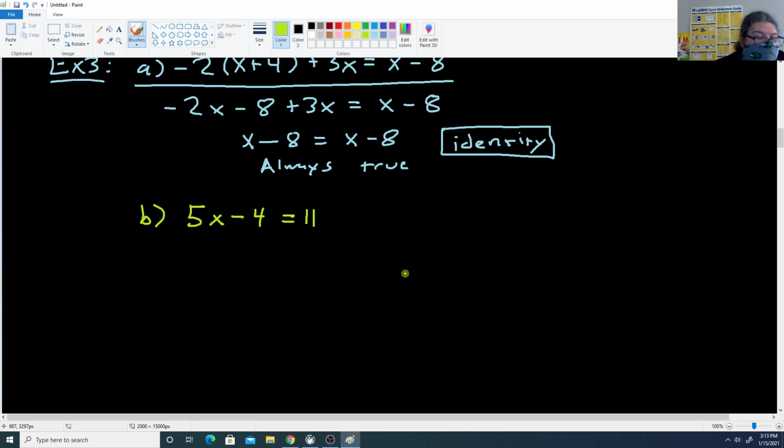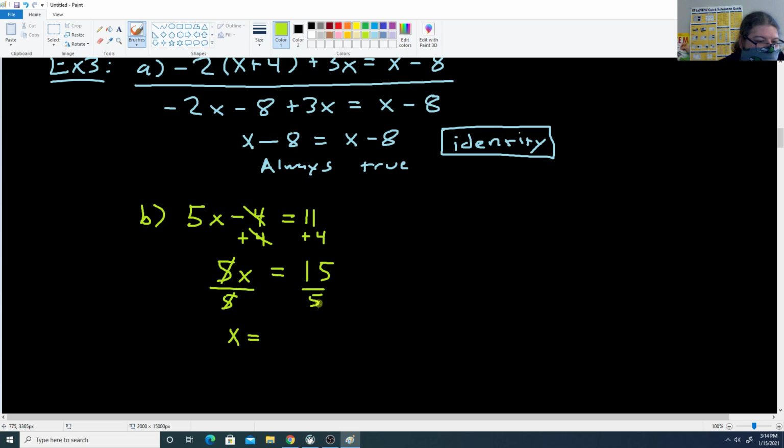We're going to try to solve this and see, is it always true, sometimes true, or never true? Depending on that, it will either be an identity, a conditional equation, or a contradiction. I'll add 4 to both sides to start getting the x by itself. The 4's cancel. 11 plus 4 is 15. We'll divide by 5 on both sides. The 5's cancel here.